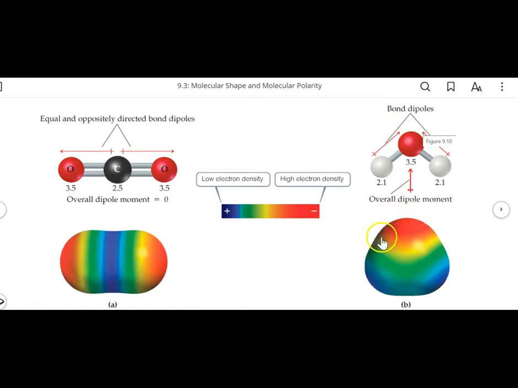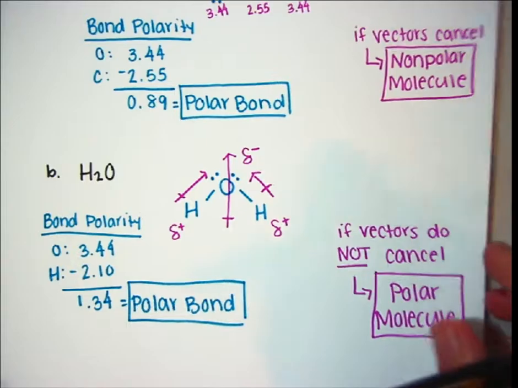If we look at our electron density diagram for oxygen, I have that high electron density area. This is going to be my negative pole. I have a low electron density area. That would be my positive pole. It has two poles. It produces a dipole. So this molecule is polar. Let's look at a few more examples.